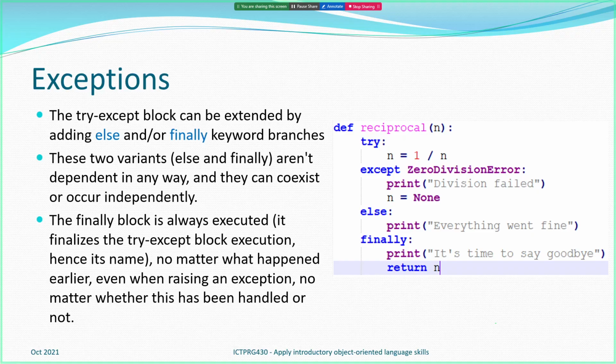Alright, so I won't go through all the try except details again and various bits. I'll just tell you that we can expand on this. We can add an else statement. So we can expand on our exception handling.